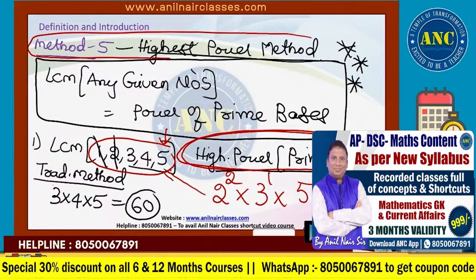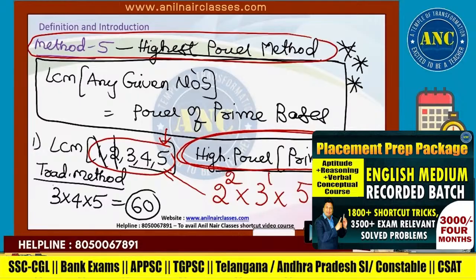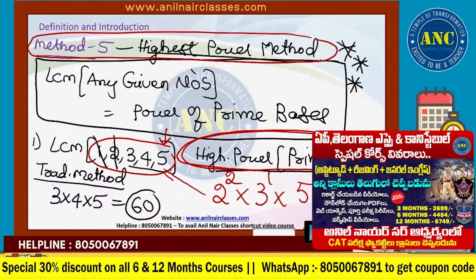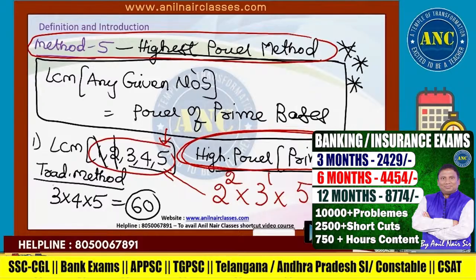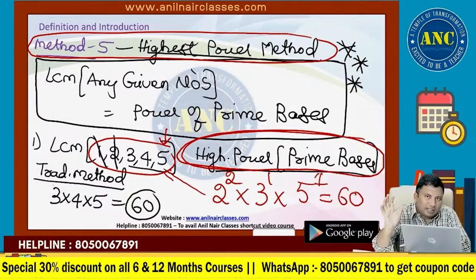Method 5 is writing down the LCM of a number as the highest power of prime bases. 3 more examples so that you will understand this concept clearly. Second example, please write down. Whatever the way I am explaining, please write it in that way. Do not get into any kind of non-academic discussion in the live chat.